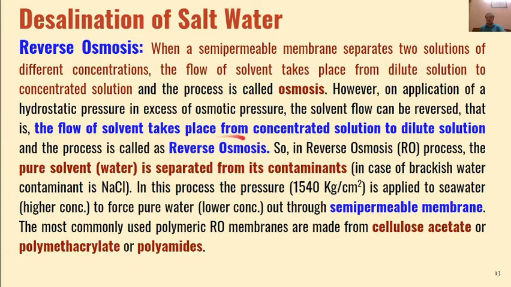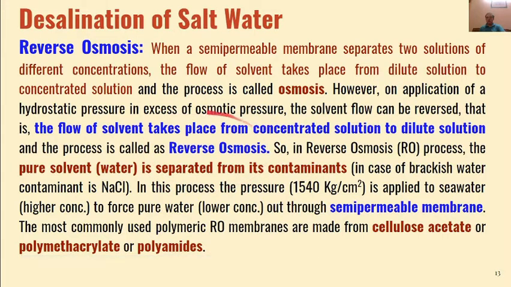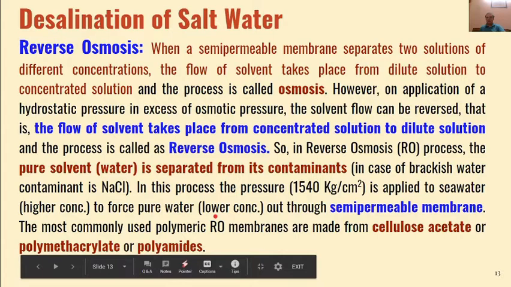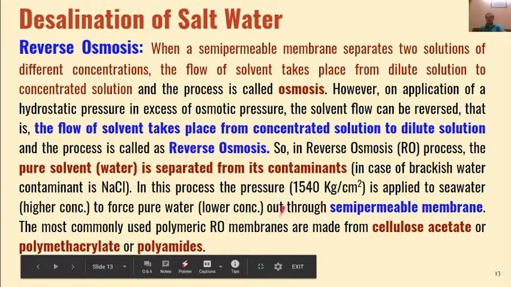So the reverse osmosis process is applied to purify water by removal of sodium chloride. When we have brackish water, the concentration of sodium chloride is higher in that water. If we pass it through equipment used for reverse osmosis, then sodium chloride can be easily removed, and seawater having a higher concentration of sodium chloride will become pure water where the concentration of sodium chloride becomes low.